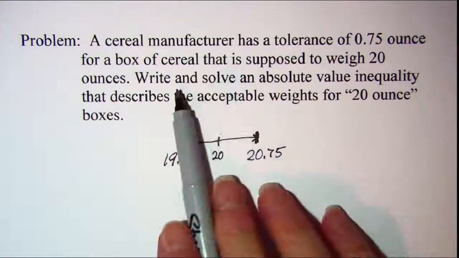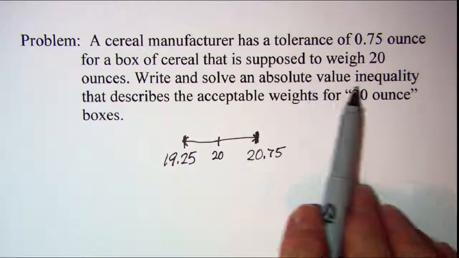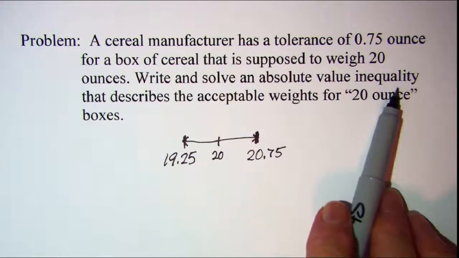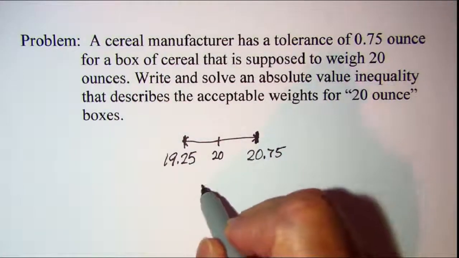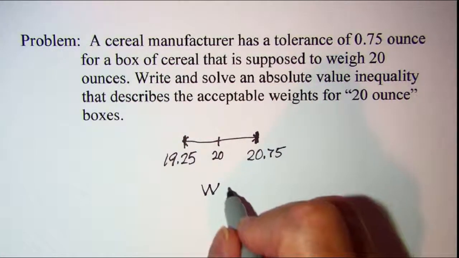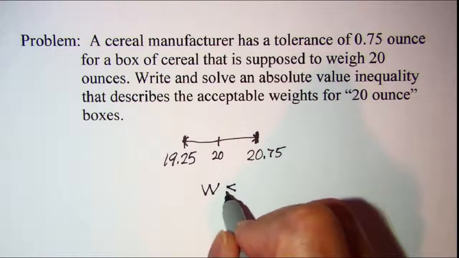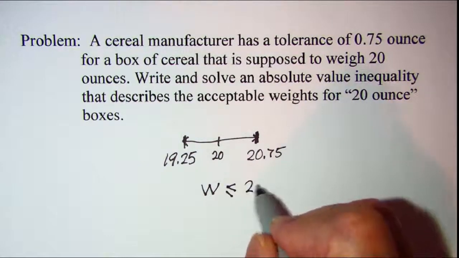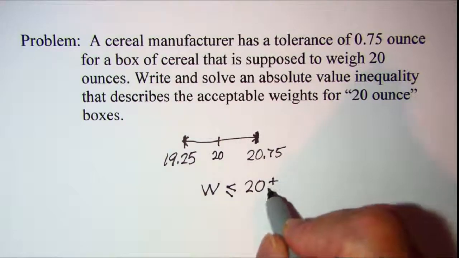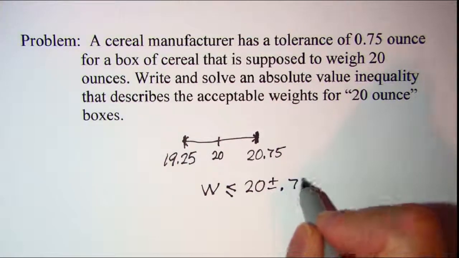Now, in order to write and solve an absolute value inequality, we can make the statement that acceptable weights have to be within 20 plus or minus 0.75.